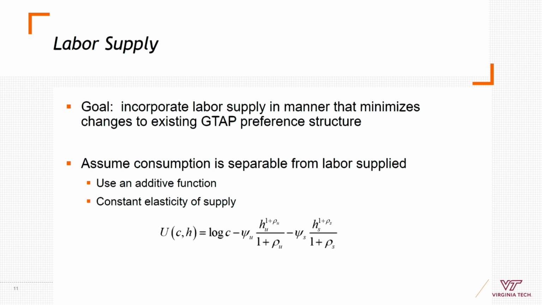We could take this function, do the first order conditions, and derive the labor supply. I'm going to choose the psis such that the labor being supplied in the GTAP database matches these optimal first order conditions. Okay, so those psis are going to be calibrated.